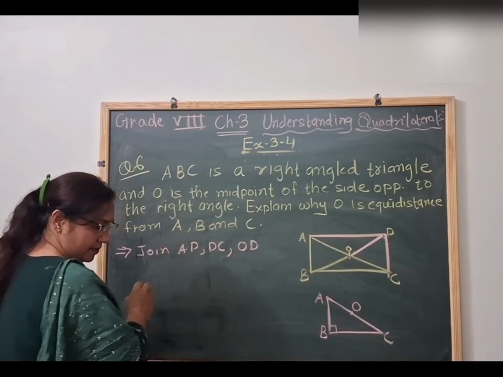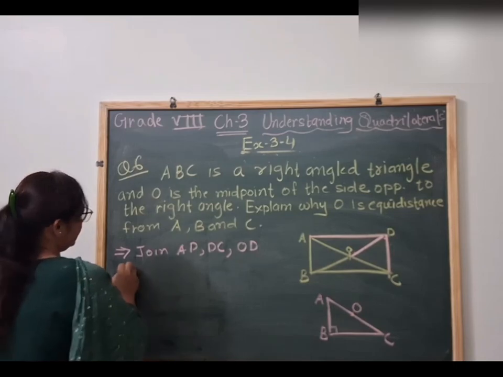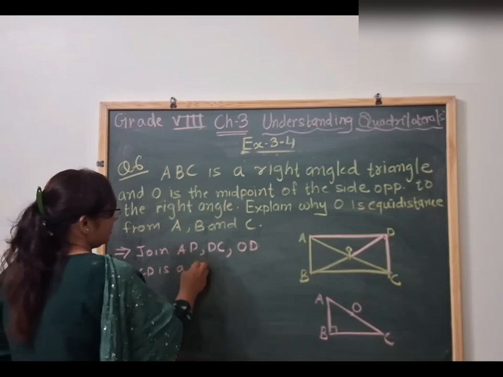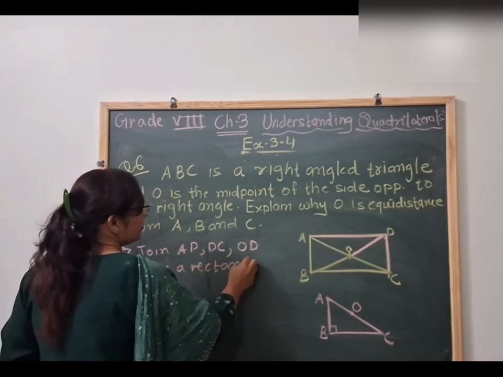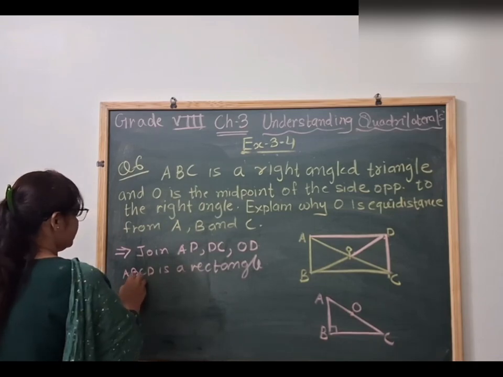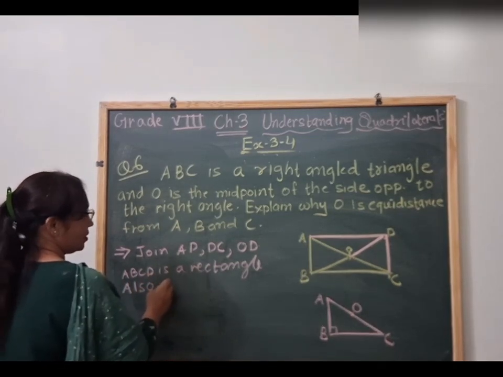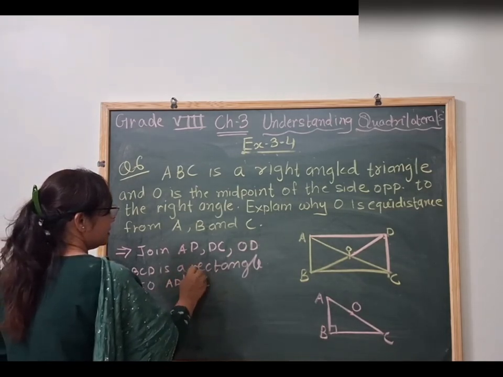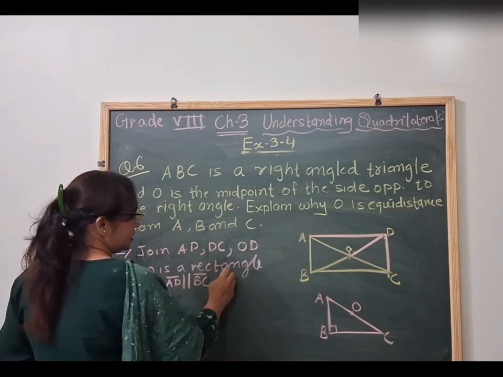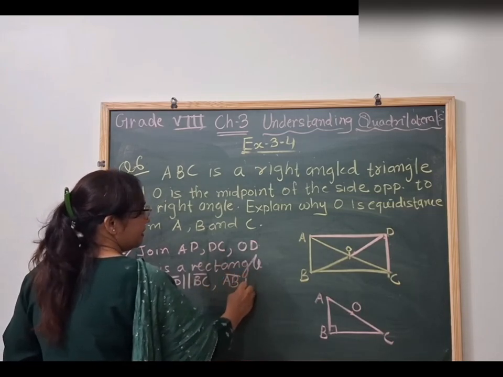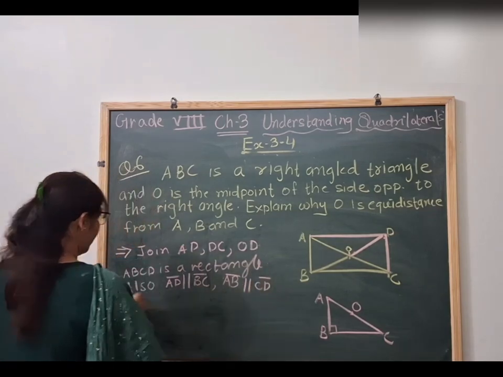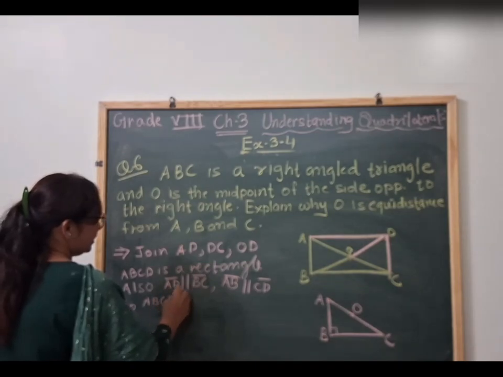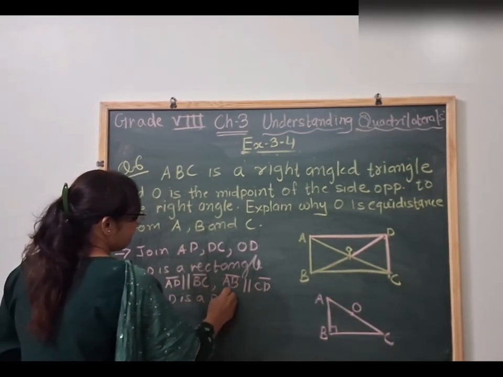Here ABCD is a rectangle. Also, side AD is parallel to side BC and side AB is parallel to CD. So ABCD is a parallelogram.